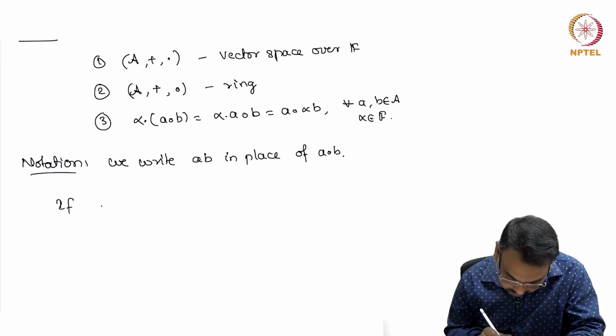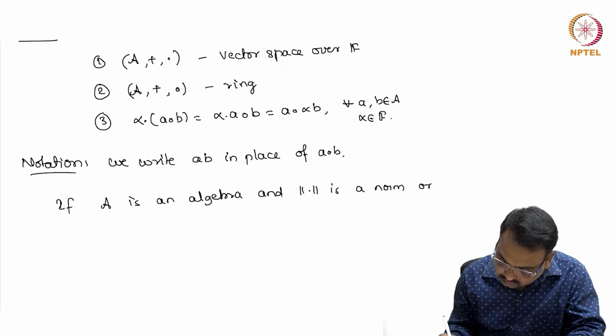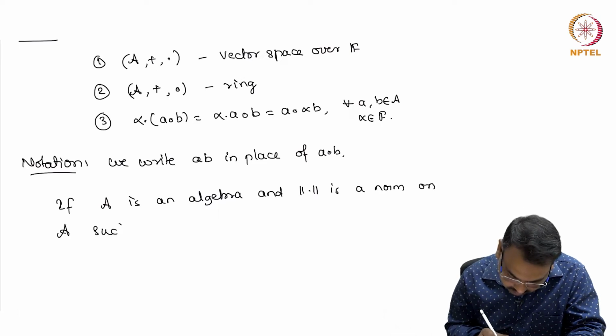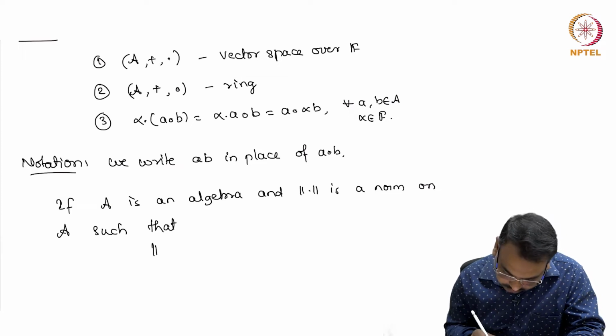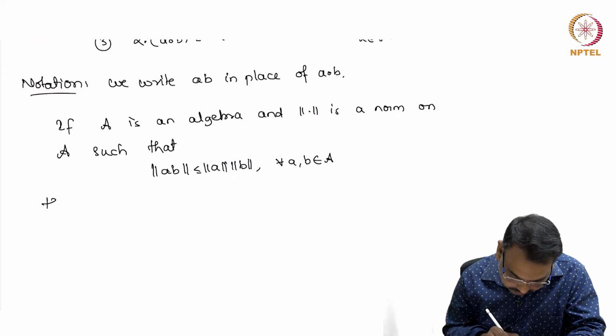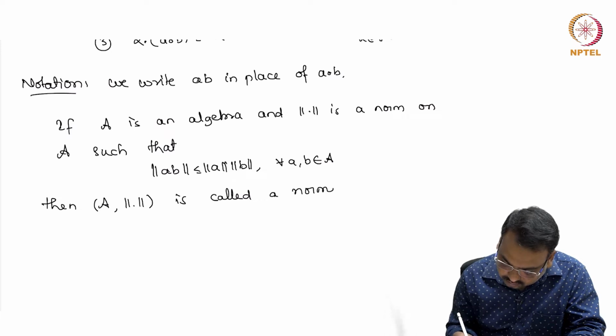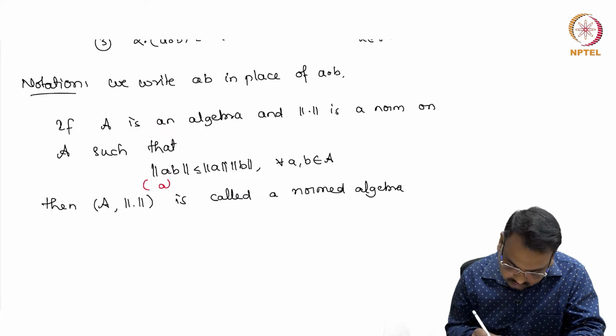So if A is an algebra and this is a norm on A such that norm of AB is less than or equal to norm A times norm B for every A, B in A, then A with this norm is called a normed algebra. This norm is known as an algebra norm.